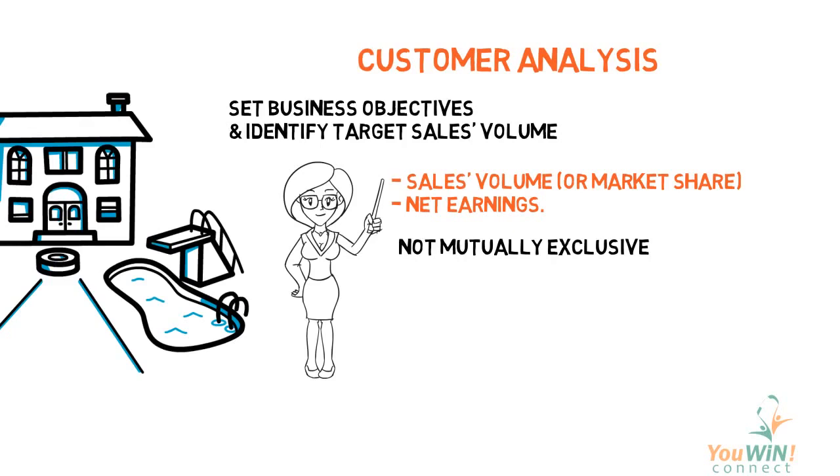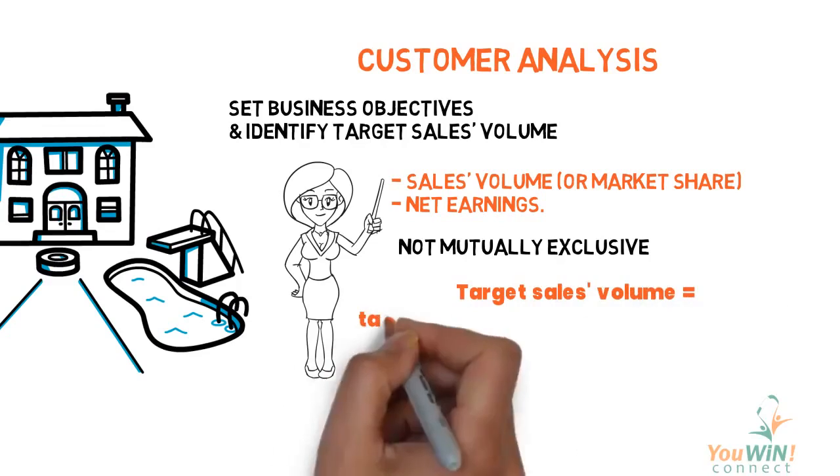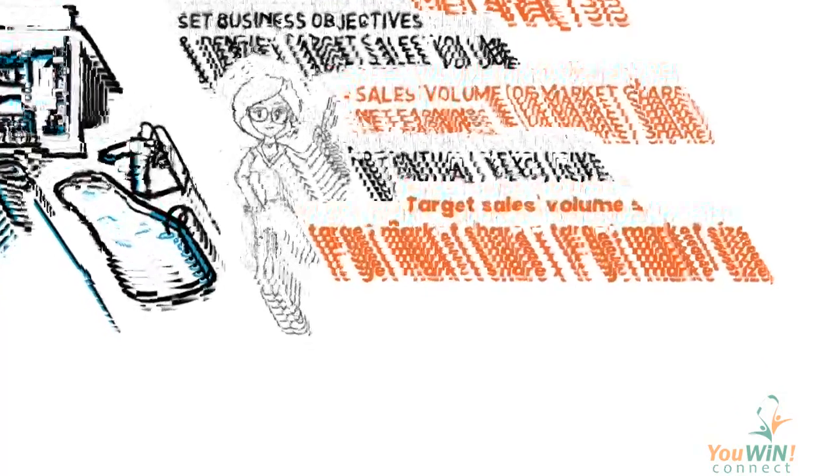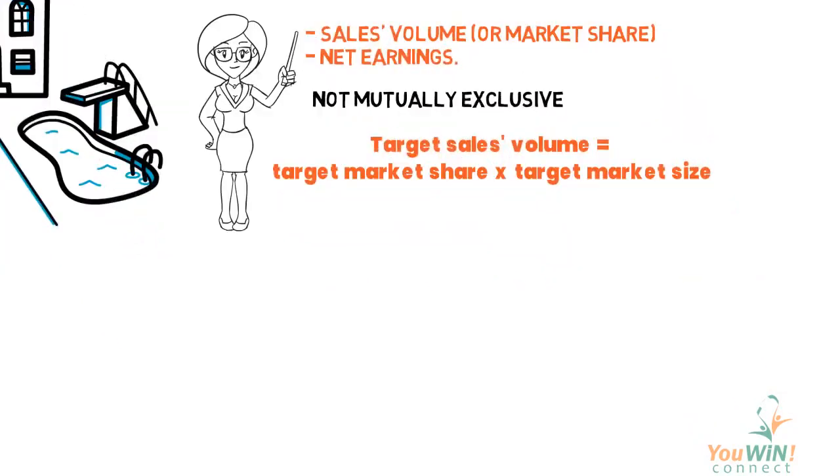If there is no other way to increase profits, the plan should then be considered unfeasible. To calculate the target sales volume, you multiply the target market share by the target market size. All of these are estimates which help us to determine the revenues that accrue to the organization.